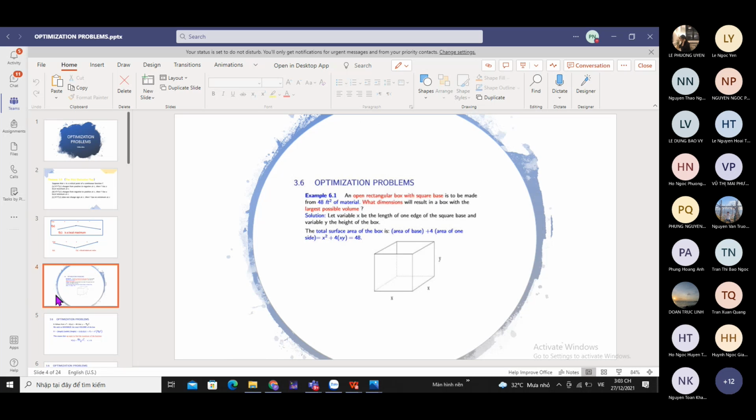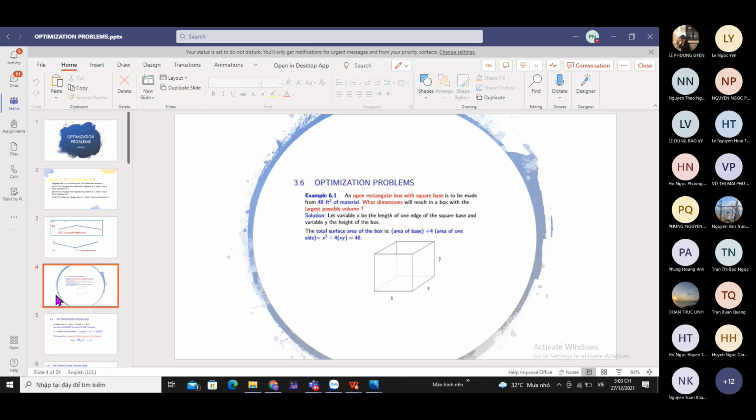Now look at the first example. An open rectangular box with square base. We have a rectangular box, and an open rectangular box means we have no top. We have 4 sides and a base. So an open rectangular box with square base is to be made from 48 square feet of material.